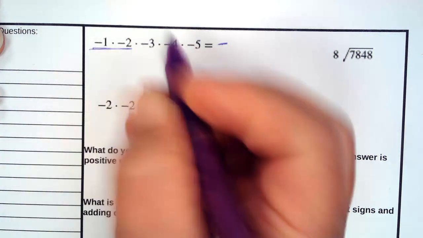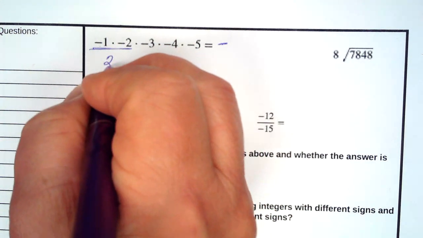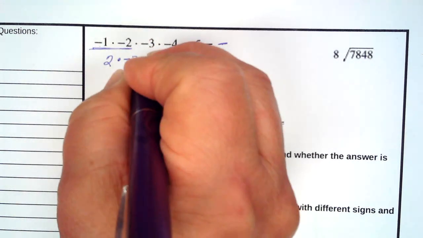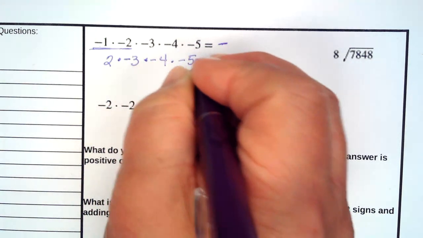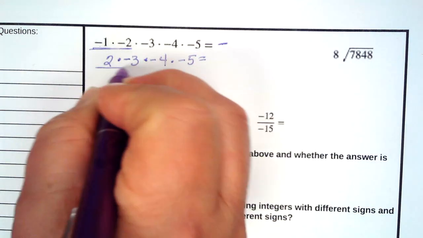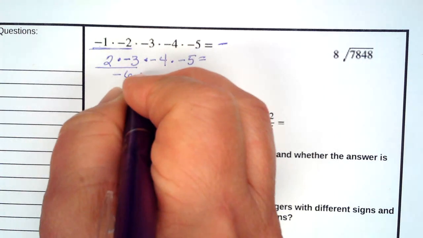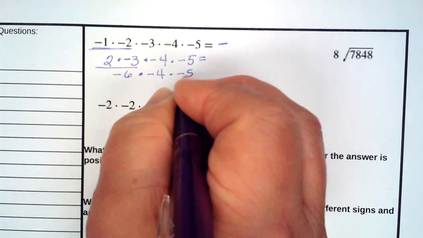So let's see how this works. Negative 1 times negative 2 is positive 2 times negative 3 times negative 4 times negative 5. 2 times negative 3 is negative 6 times negative 4 times negative 5.